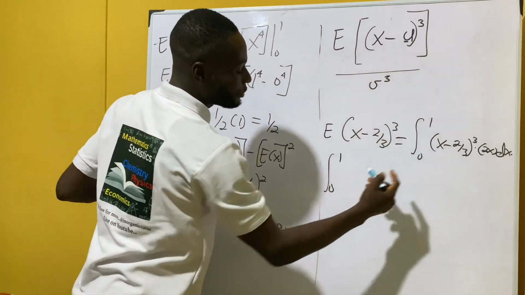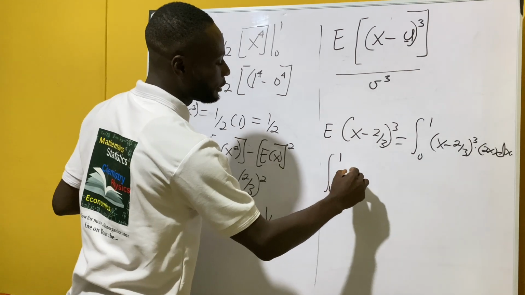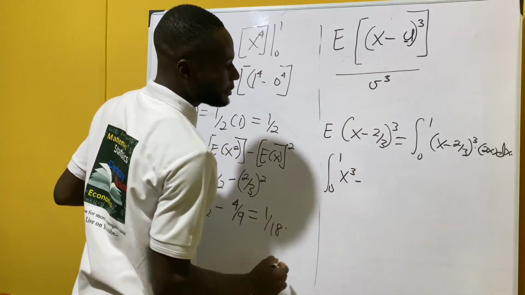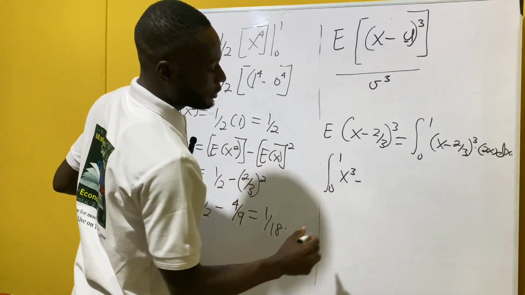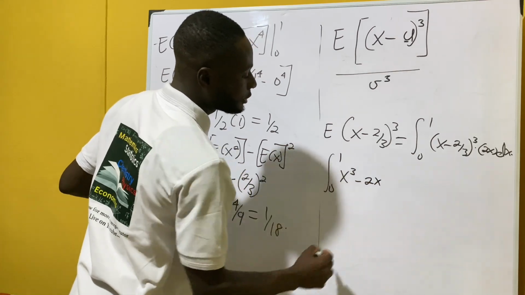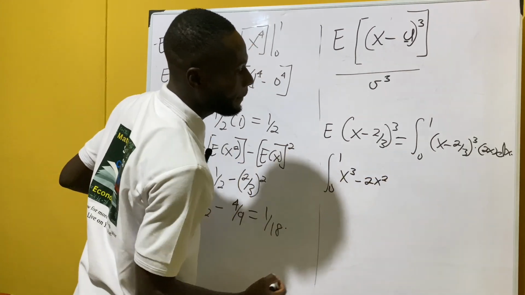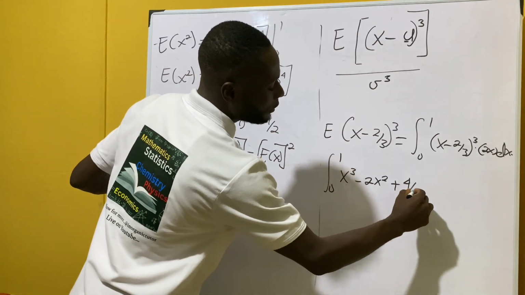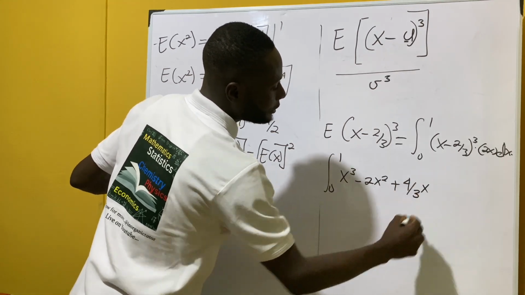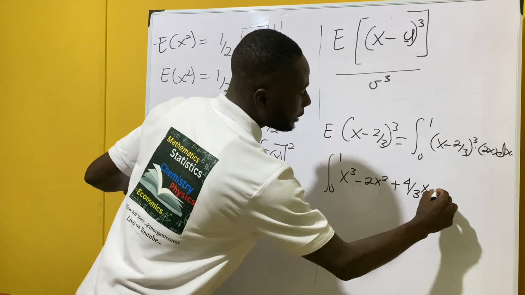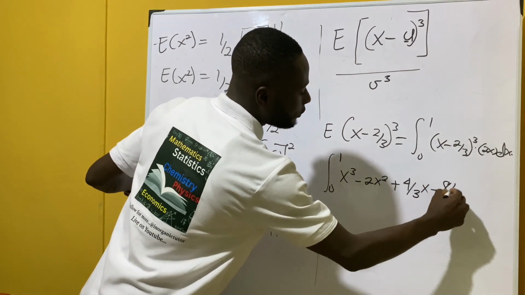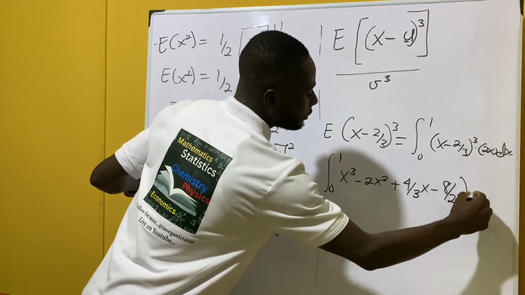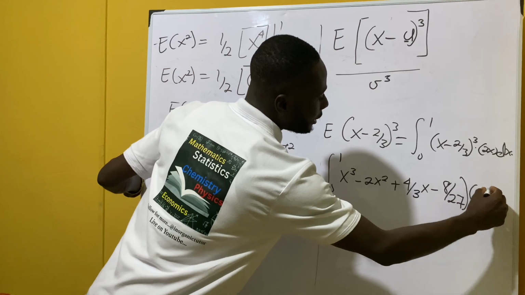When we expand this, we are going to have x cubed minus 2x squared plus 4/3 x minus 8/27, all multiplied by 2x.